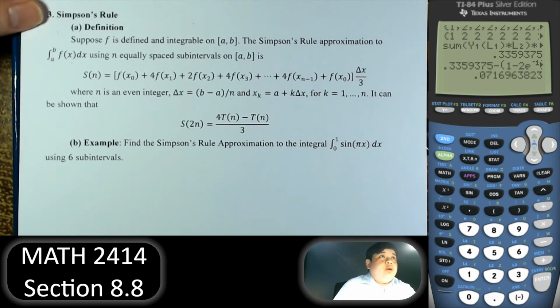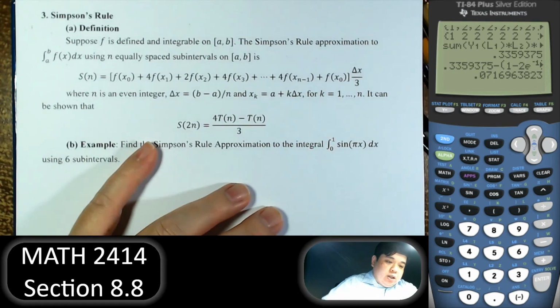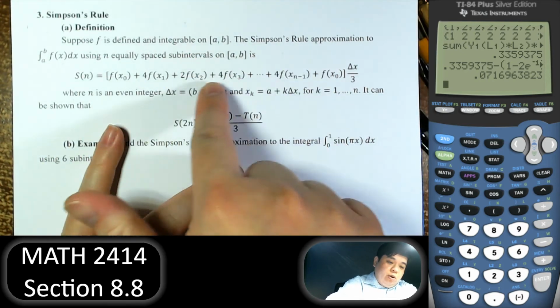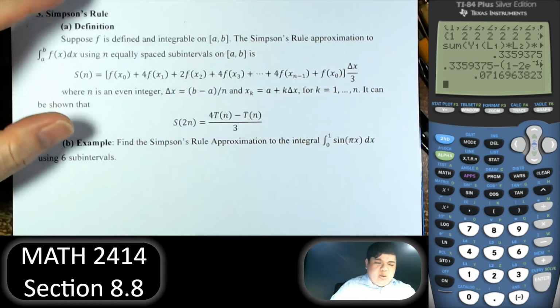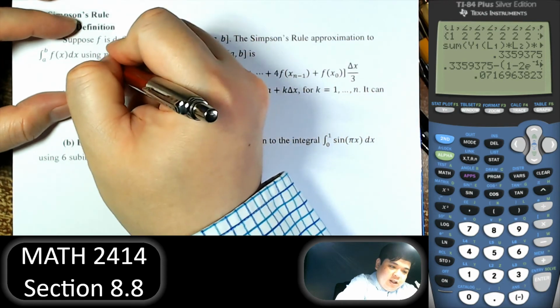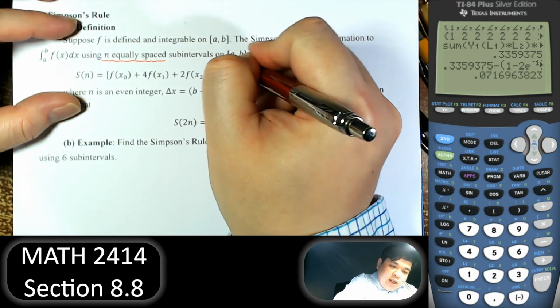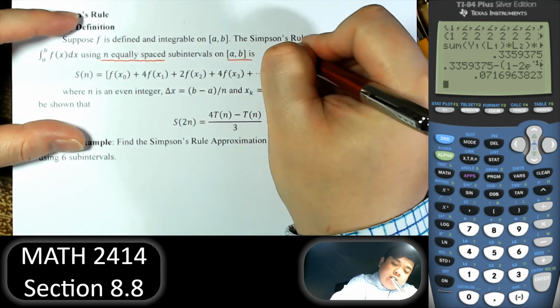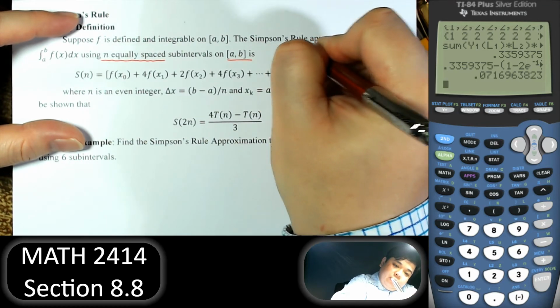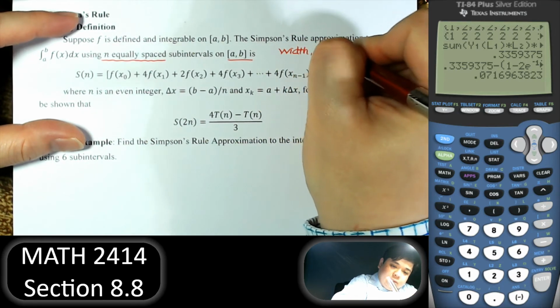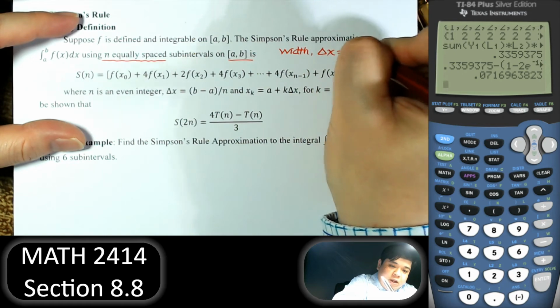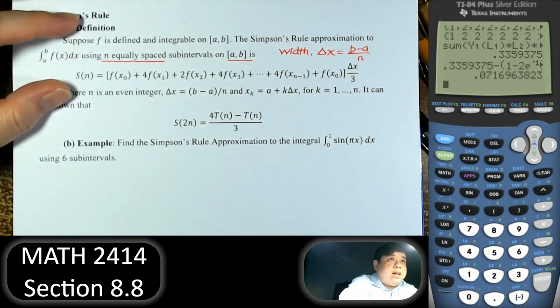Right, so Simpson's rule. Suppose that the function is defined on the interval and we have n equally spaced subintervals from A to B, pretty much the same thing. So first, always the width, B minus A over N. Always that.